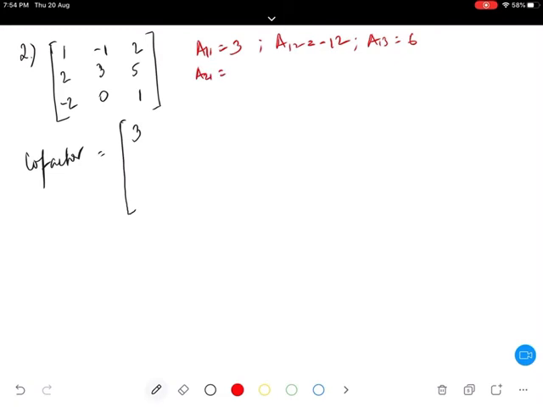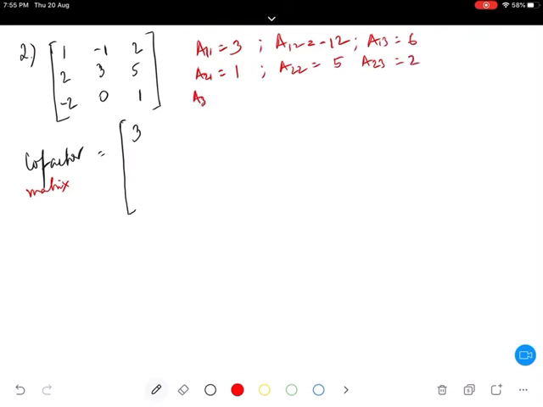A21 is 1. Acha, A22 is what? 5. A23 is what? Yes, it's 2.